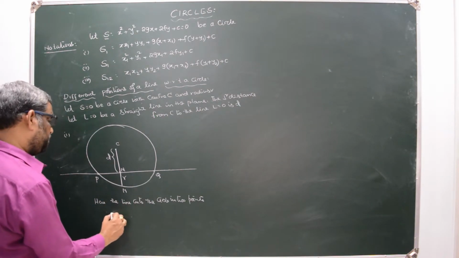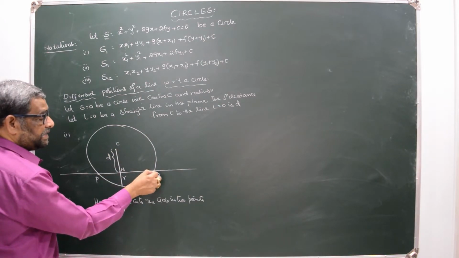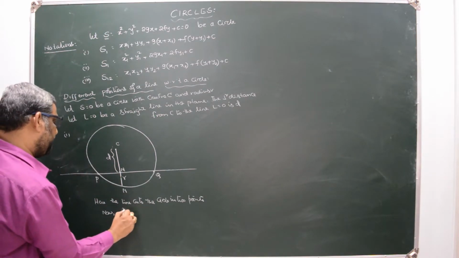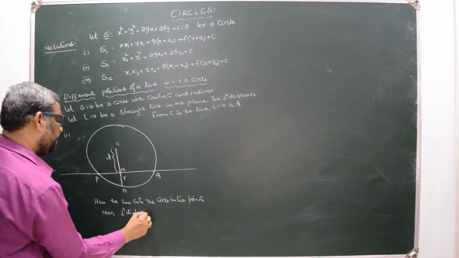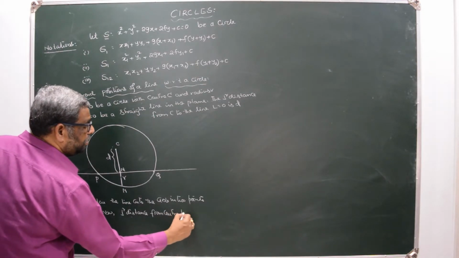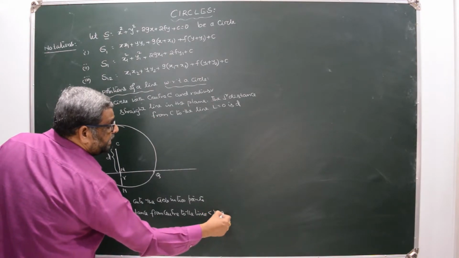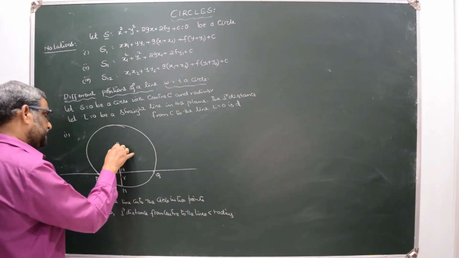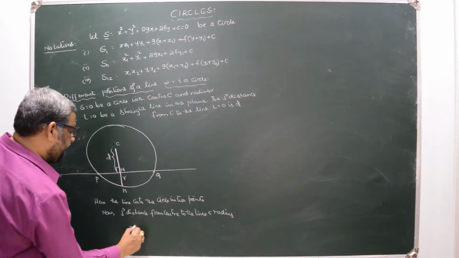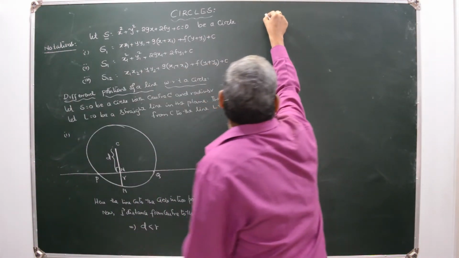Being intersecting the circle in 2 points, the perpendicular distance from center to the line is less than the radius. It is very clear from the figure that this is the perpendicular distance from center to the line and this is the radius. It implies D is less than R.